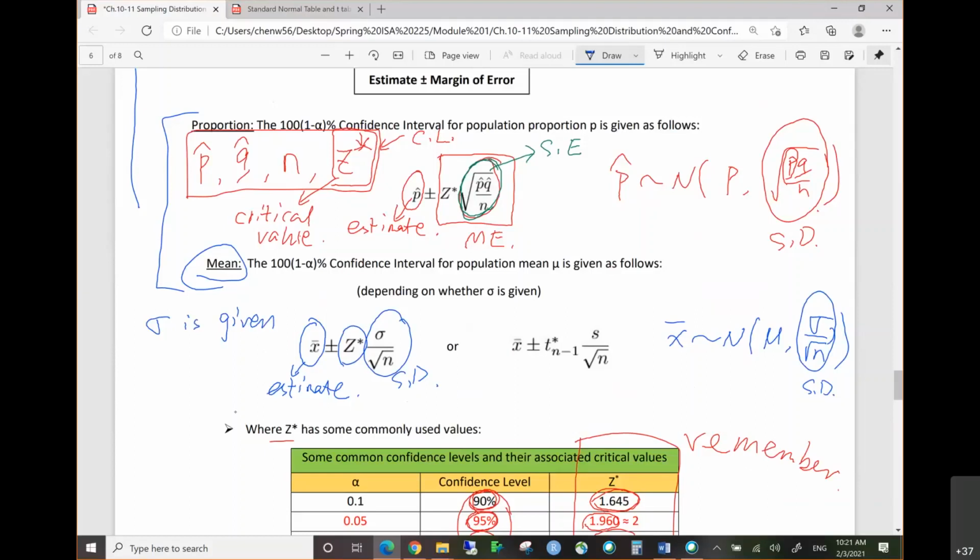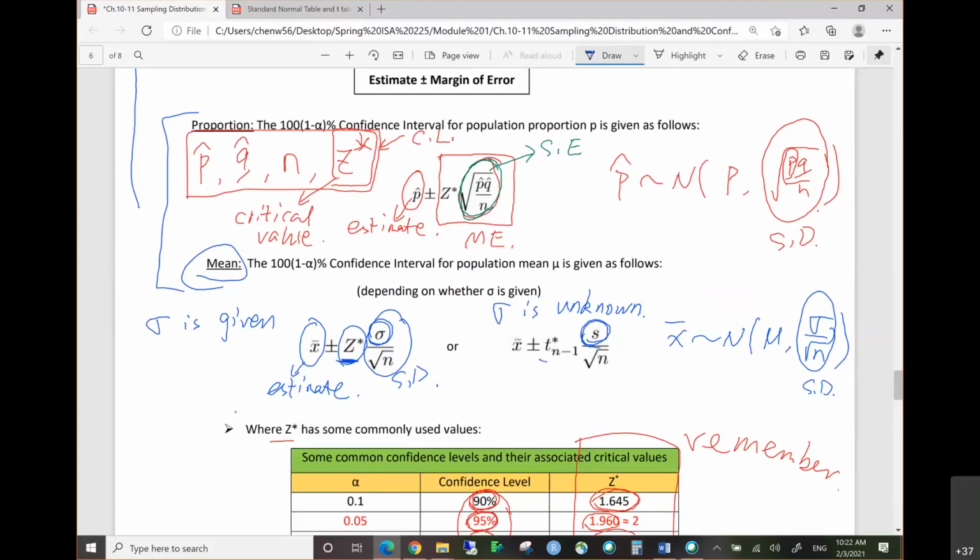The other way, what if the population standard deviation sigma is not given? Similarly, I need to use the sample standard deviation instead of the population standard deviation. I will replace this sigma by the sample standard deviation S. But the difference is that you will not have the z star anymore.